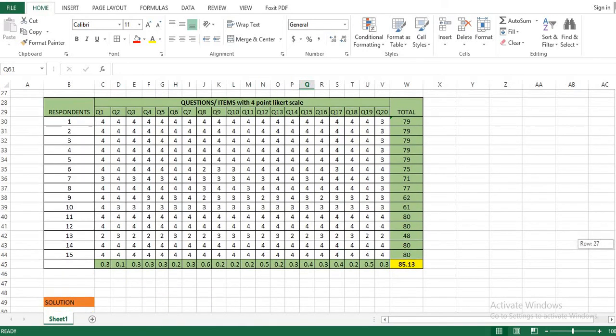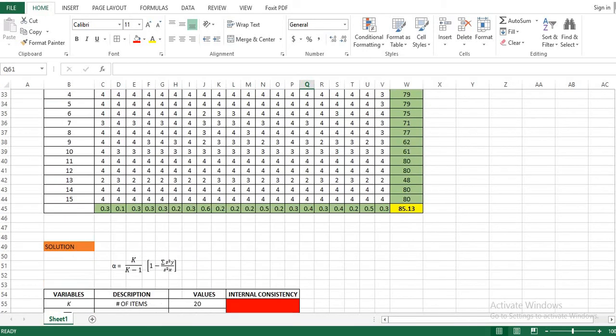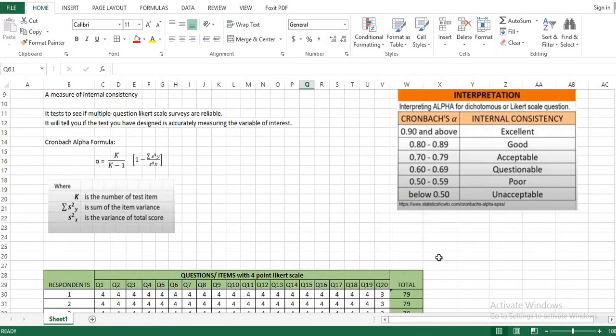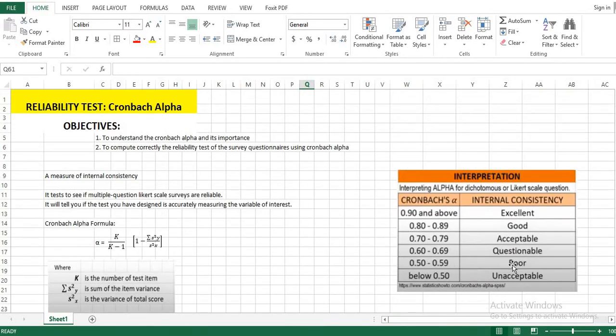Ma'am, my question is, what if our Cronbach alpha falls into this category, poor and then unacceptable? Then there is something wrong with your questionnaires, and maybe it does not complement your given variables. Remember your conceptual framework, you have given your independent and dependent variables.